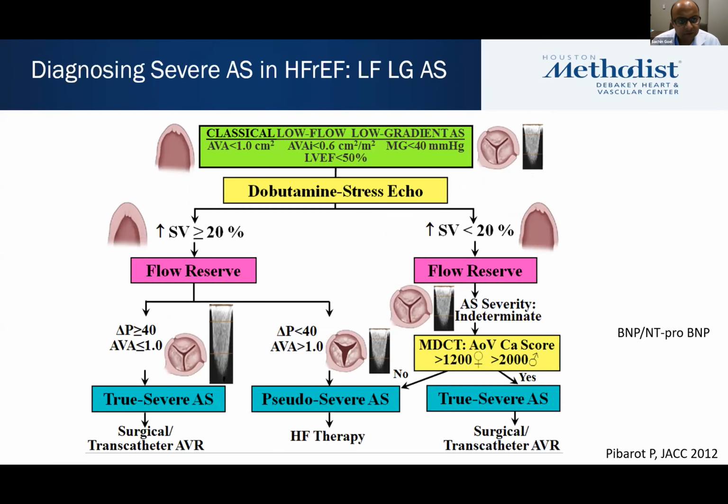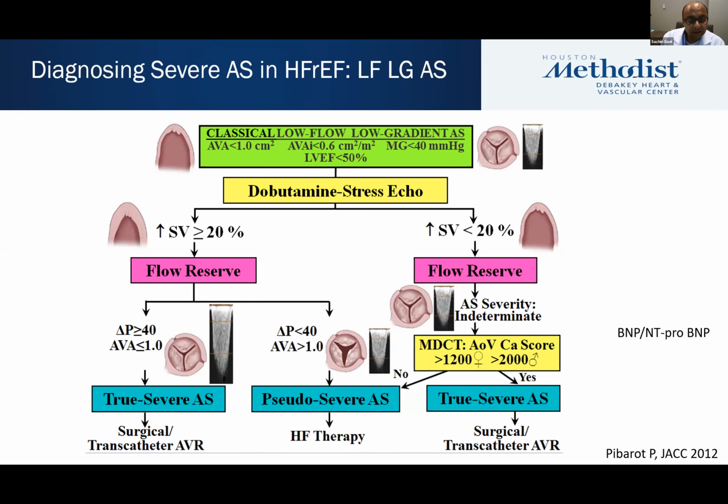What about the diagnosis of severe AS in the presence of HFrEF? This is the classic slide by Philippe Pibarot. A lot of these patients will present with low-flow, low-gradient aortic stenosis, meaning the valve area calculated by echo will be less than 1 centimeter squared, however the mean gradient will also be less than 40.